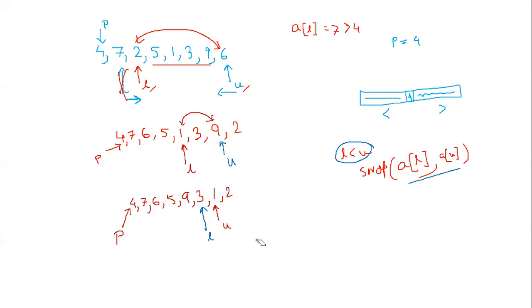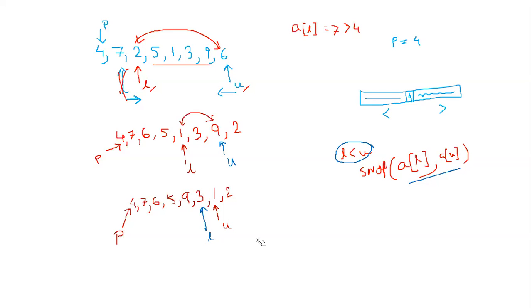But what about U? Where will U stop? You see, 1 is lesser than 4. Fine, U can decrease. Again, that means now U is pointing to the location where L is also pointing, that is 3. Still it is lesser than pivot.